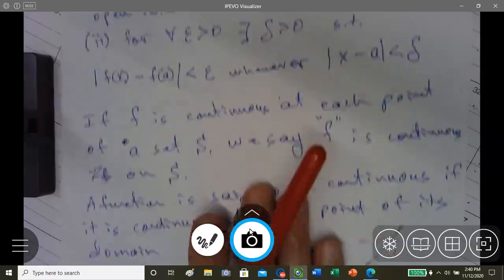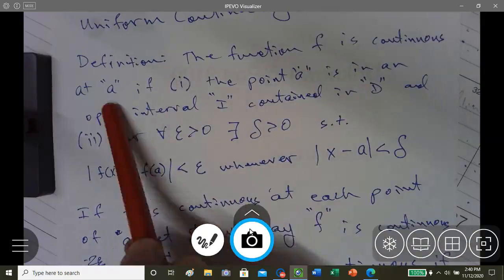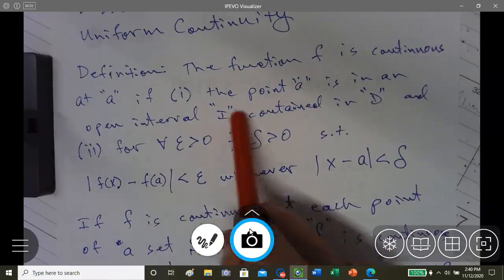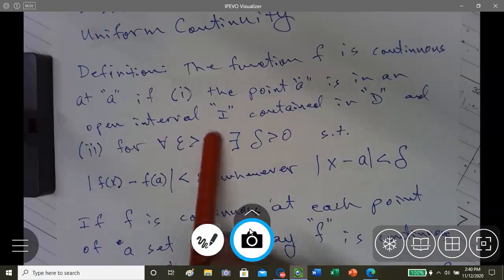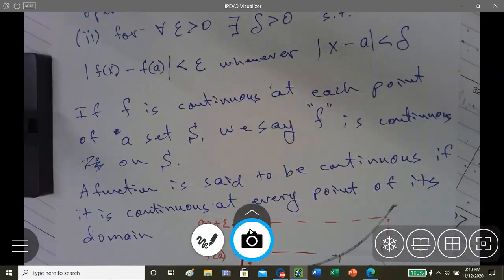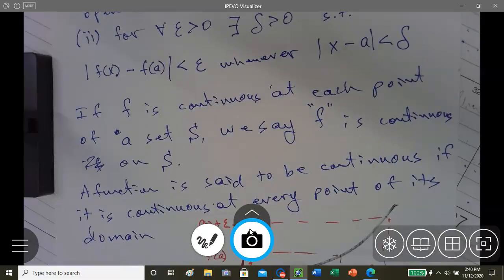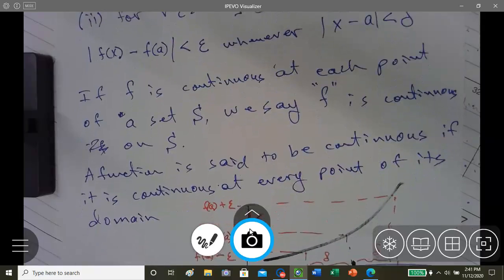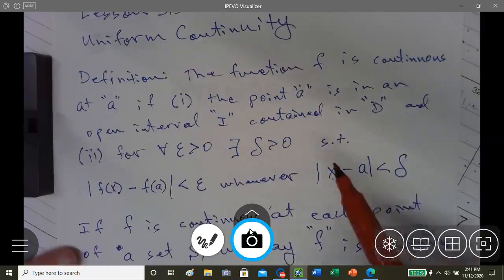All right. So we're saying here that the function f is continuous at a if the point A is in an open interval I. This open interval would be a minus delta to a plus delta.